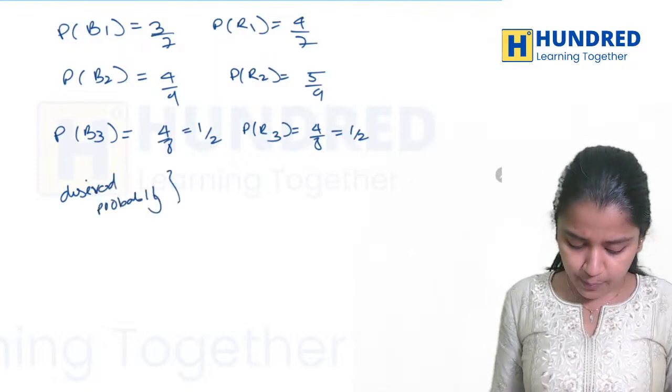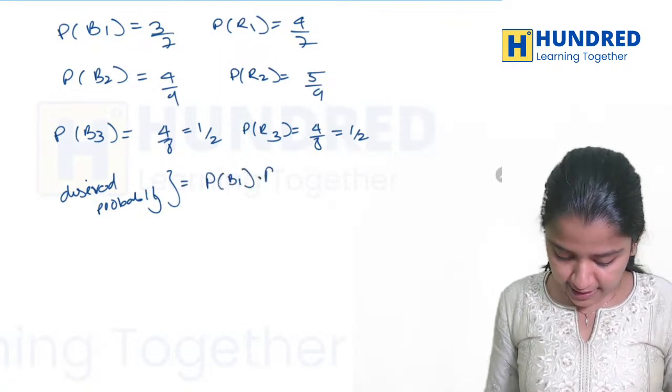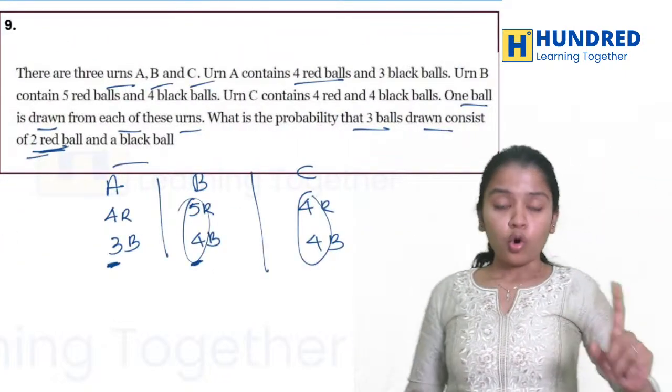So desired probability வந்து first ball black-ஆ இருக்கலாம், second ball-உம் third ball-உம் ரெட்டா இருக்கலாம். ஒரு black ரெண்டு red.